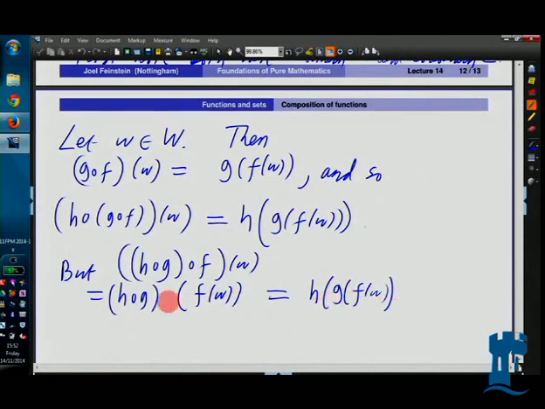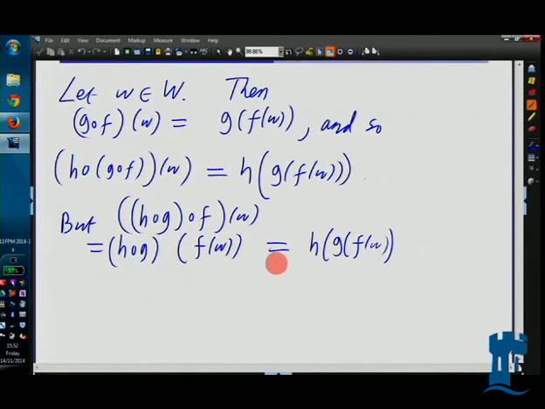So this is by the definition of h composed with g, and that's the same as we had above. So these two functions, whichever way around you work it out, they've got the same values at all w in W. So now we show they're the same function.